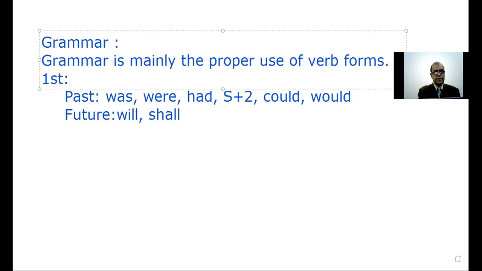Second form can be used without any helping verb. But the ing form or the third form cannot be used without a helping verb. If they are without a helping verb, they do not remain action words, they do not remain verbs. This is my own explanation.